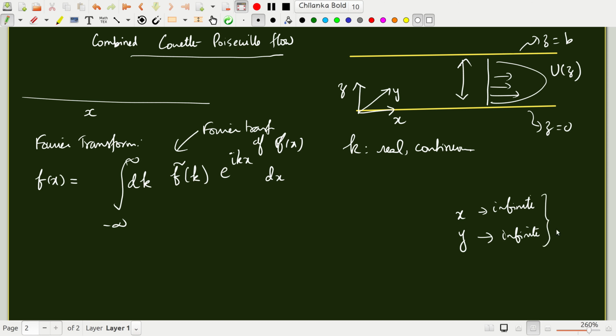So along these two directions you will have Fourier transform. Along the z direction, it's a confined direction, you will have an eigenfunction expansion. It's a summation, whereas here these are all integrals like the ones I have shown.